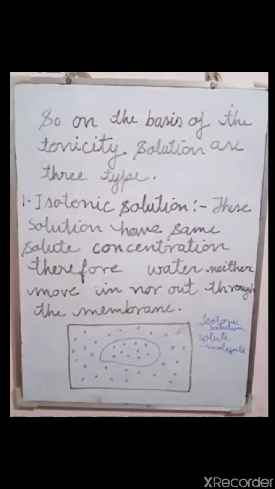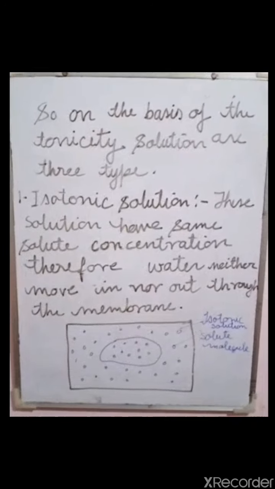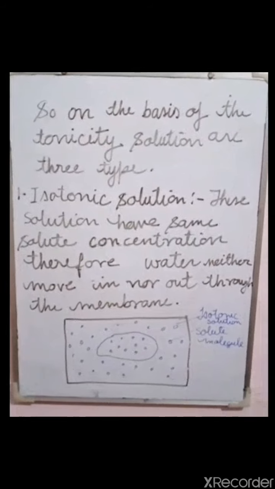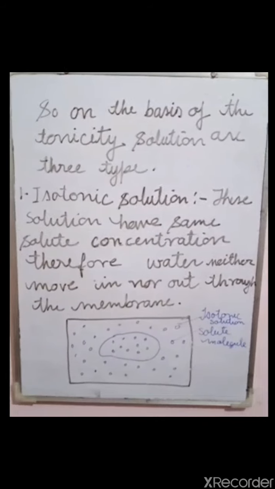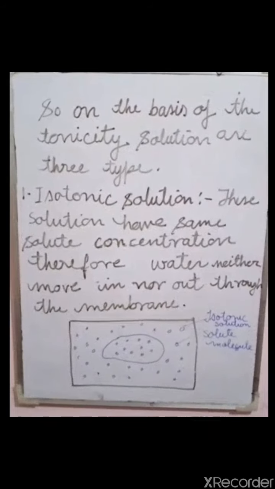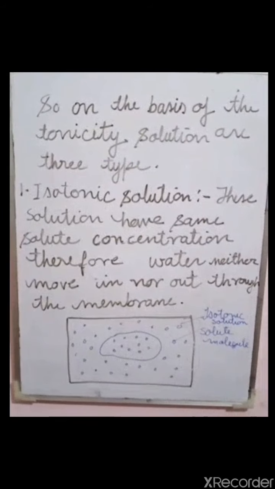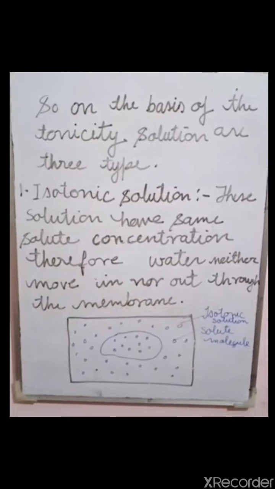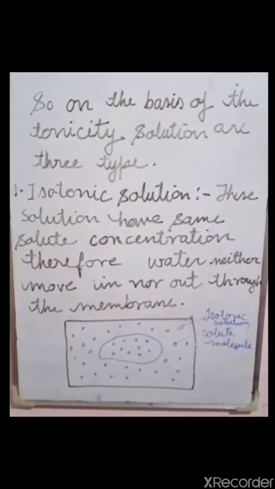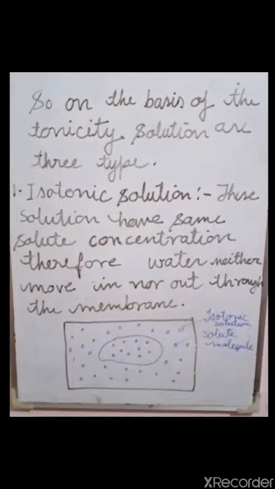When a plant cell or animal cell is placed in a salt or sugar solution in water, the movement of water molecules into or out of the cell through the plasma membrane will depend on the concentration of solute in the surrounding solution.